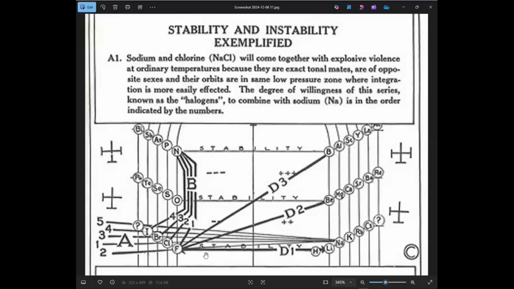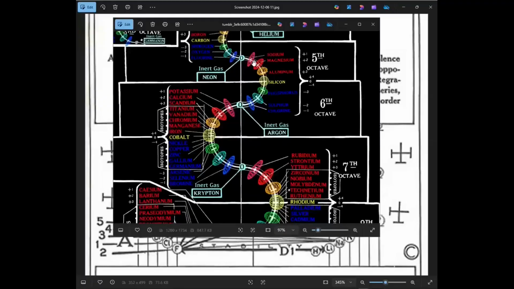And when I say mated pair, remember, let's look at our periodic table for a second. Sodium is in the +1 position. So in terms of mates, we want to look at the -1 position. Chlorine is -1, and it's the perfect mate.